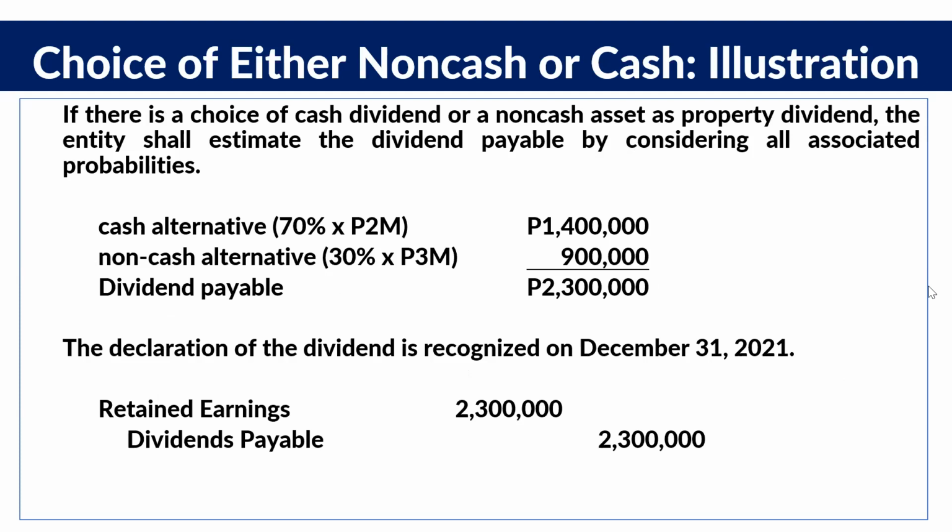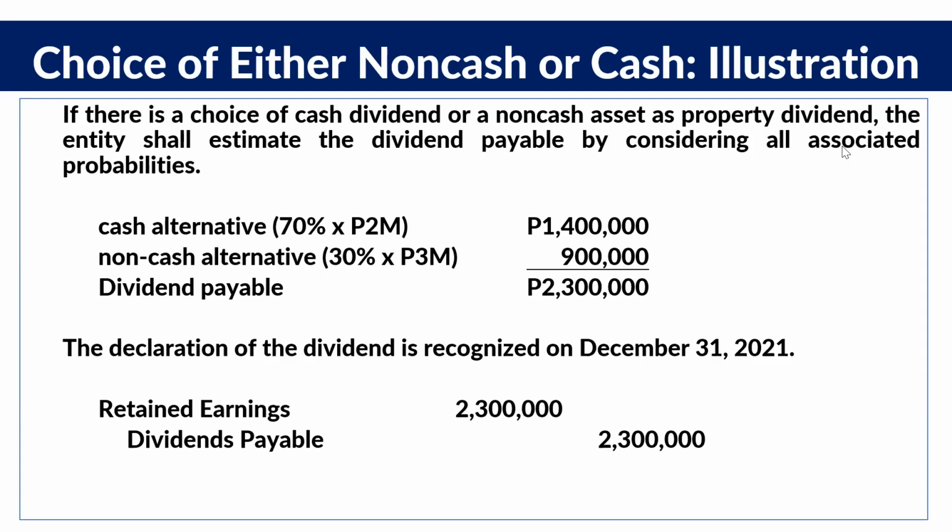So if there's a choice of a cash dividend or a non-cash asset as property dividends, first, let's estimate the dividend payable, because we do not know what the total is. So let's consider the two options, using the probability, the associated probabilities of each alternative.